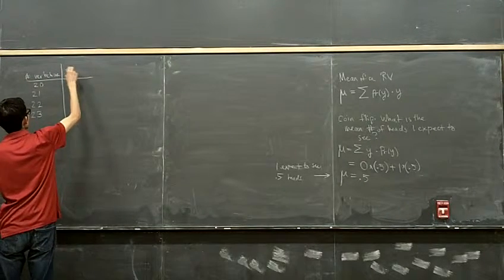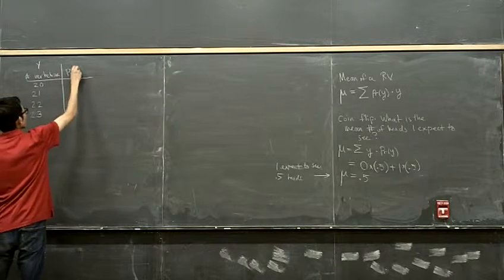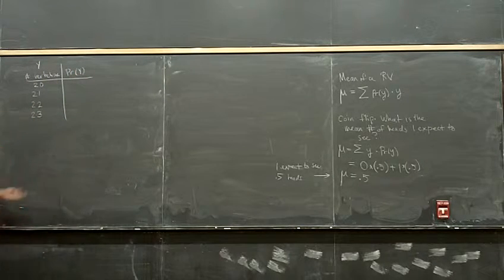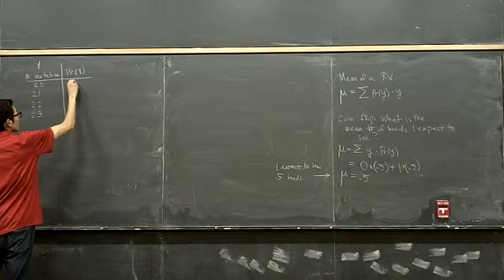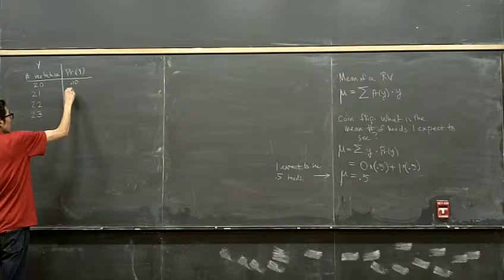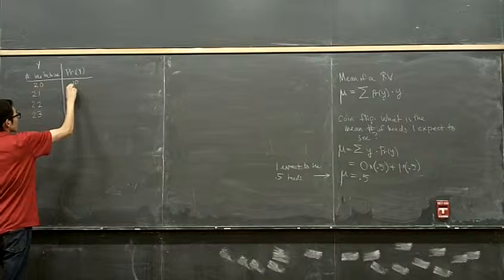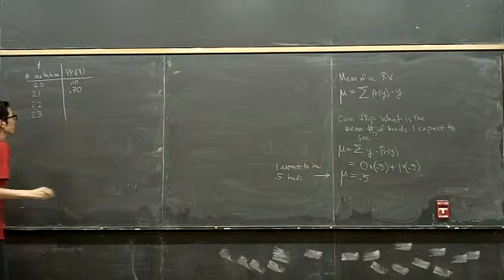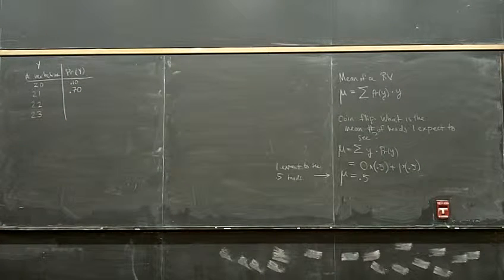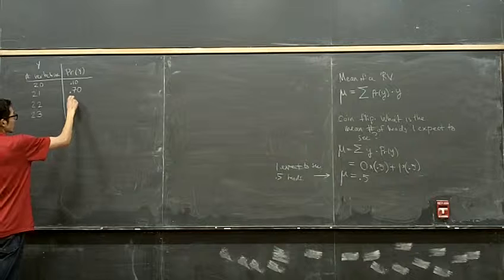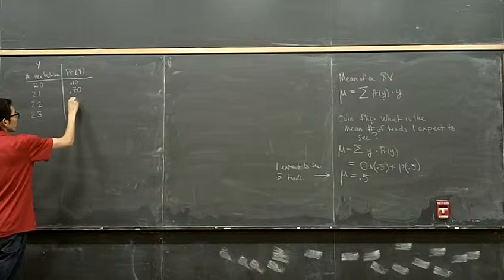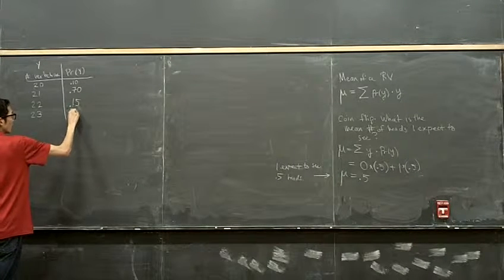So y is the number of vertebrae, and let's say the probability that a fish has 20 is 10%, and let's say 70% of fish have 21, and 15% have 22, and 5% have 23.